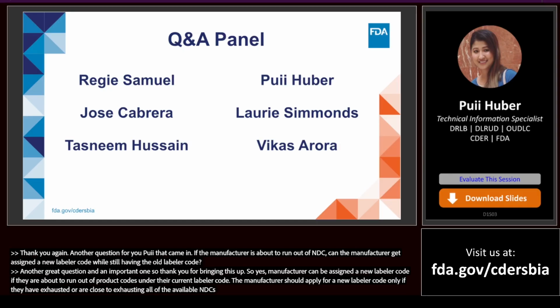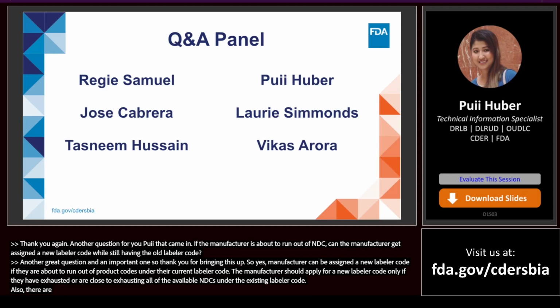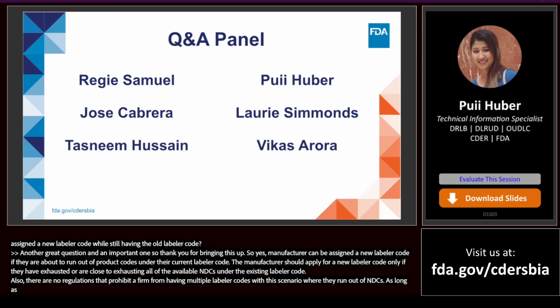Also, there are no regulations that prohibit a firm from having multiple labeler codes, especially in the scenario where they run out of NDCs, as long as they accurately report to the FDA and maintain complete and correct information with all their products, registration and listing. That way, the products are properly tracked and compliance is maintained.